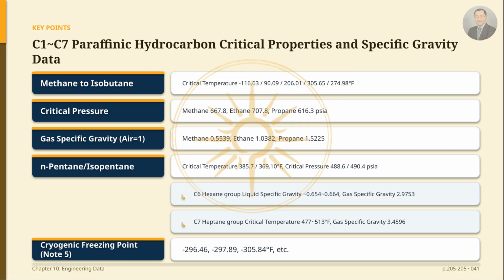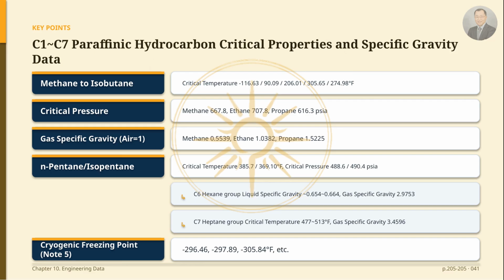Gas-specific gravity, with air as 1.0, increases in proportion to molecular weight. Methane is 0.5539, ethane is 1.0382, and propane is 1.5225. N-pentane and isopentane have critical temperatures of 385.7 and 369.1 and critical pressures of 488.6 and 490.4, respectively.